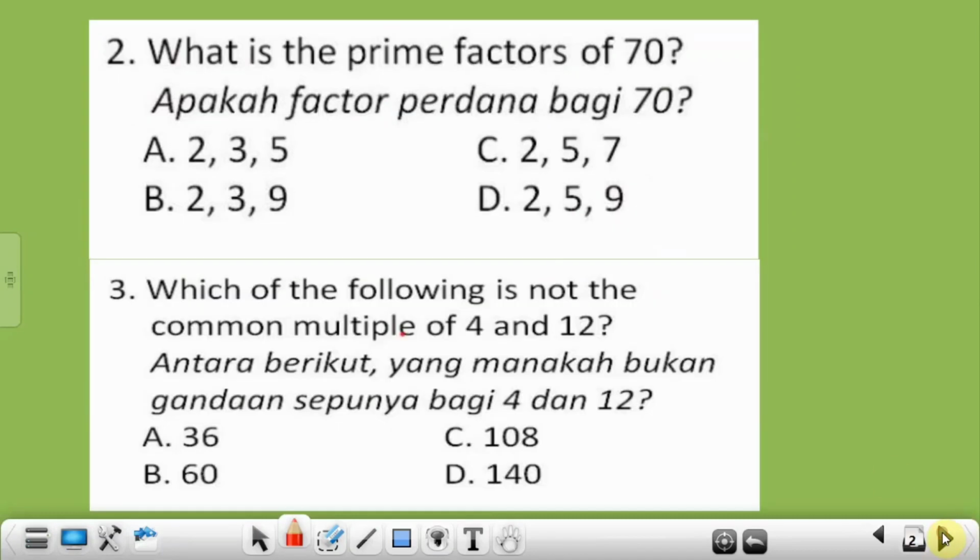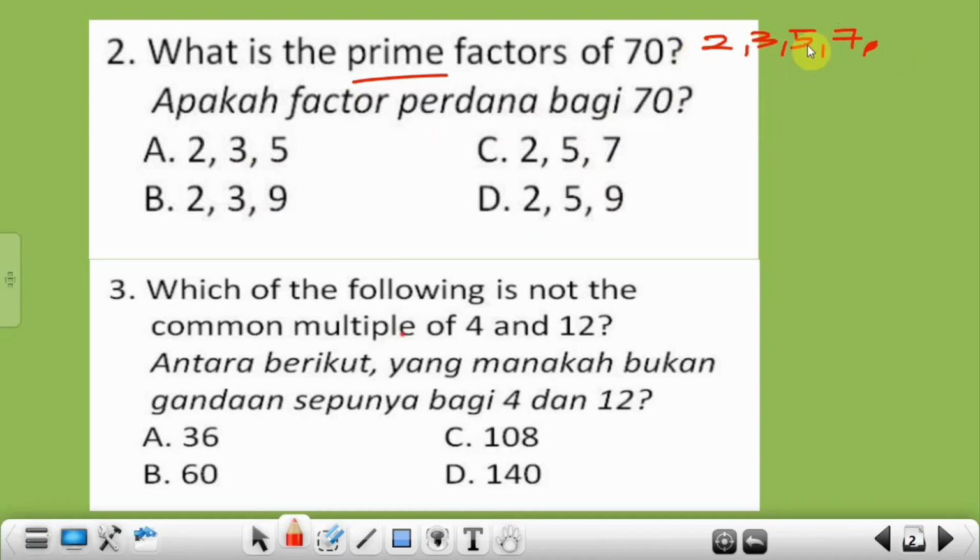Okay, next. What is the prime factor of 70? If it's a prime number, it should be 2, 3, 2, 3, 4 no, 5 yes, 6 no, 7 yes, 9 no. So we can see here there are a few numbers, so 9 is not a prime factor.